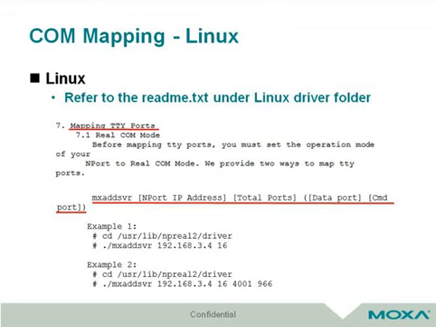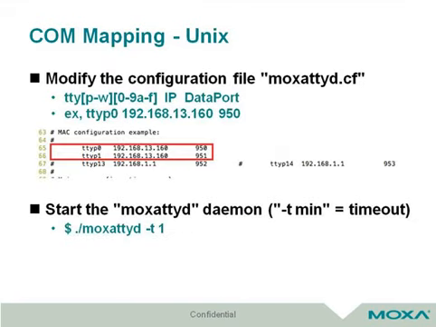You also can assign data port and command port by menu. For Unix, modify the configuration file mozarttyd.cf. You should add TTY port with IP address and TCP port in the file. After modification, please start mozarttyd daemon with connection timeout and the number of reconnection.